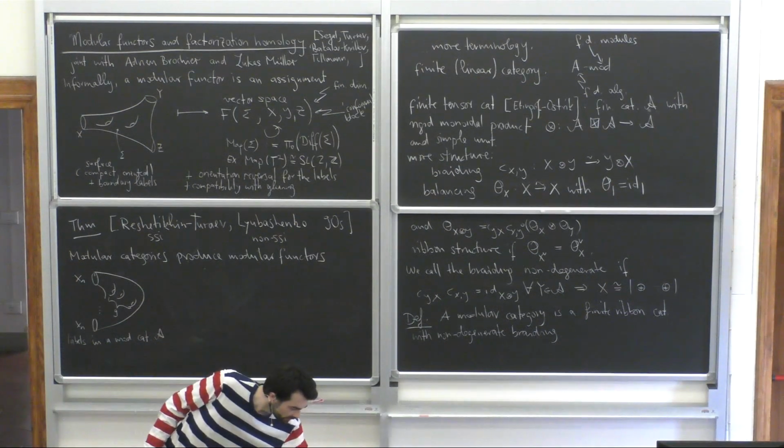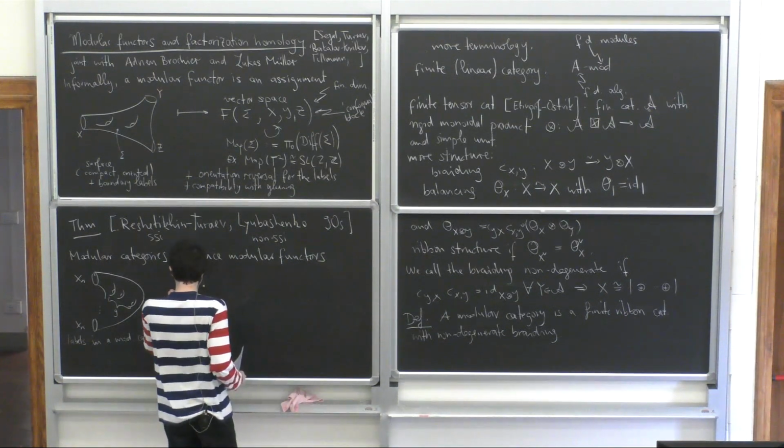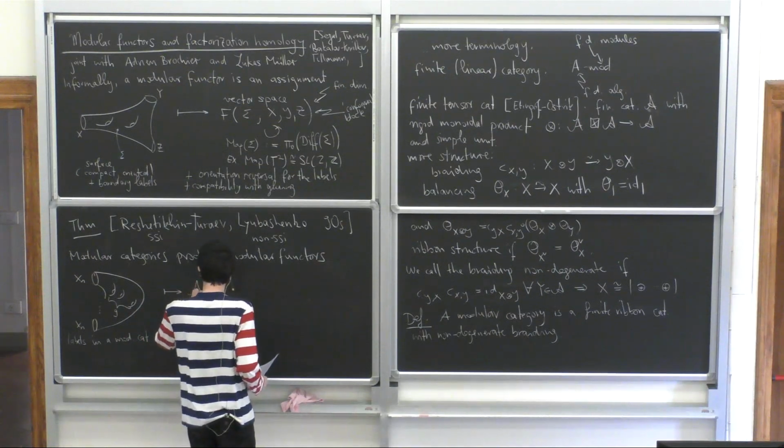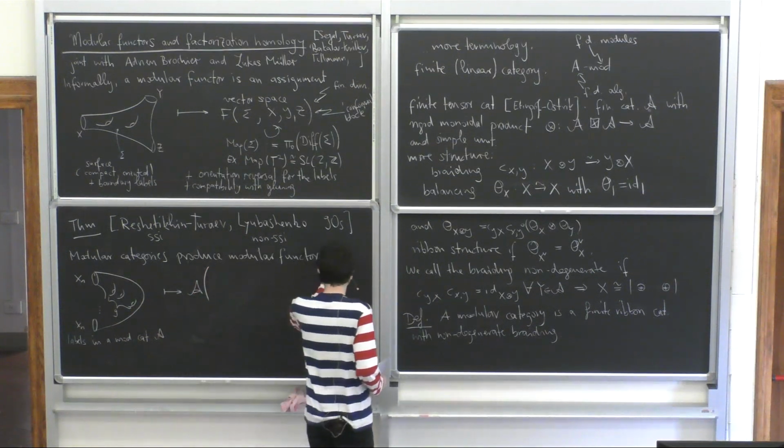And then what this assigns is the following. So it will assign a Hom space. So I will write the Hom space like this, the Hom space in the category.